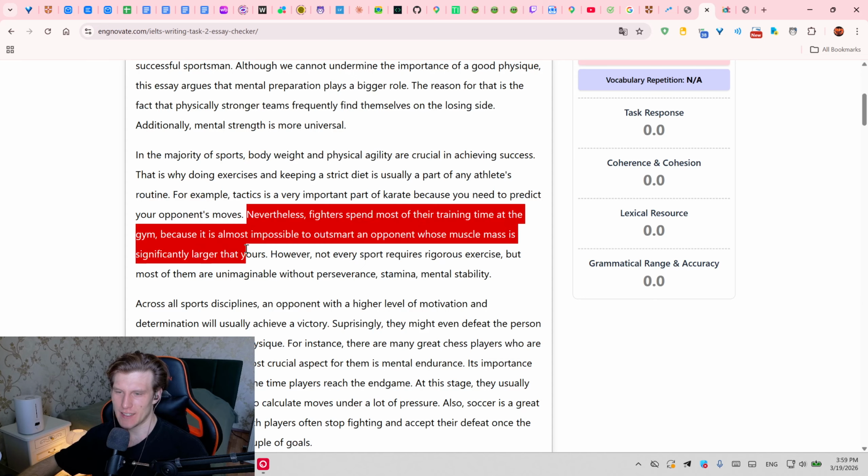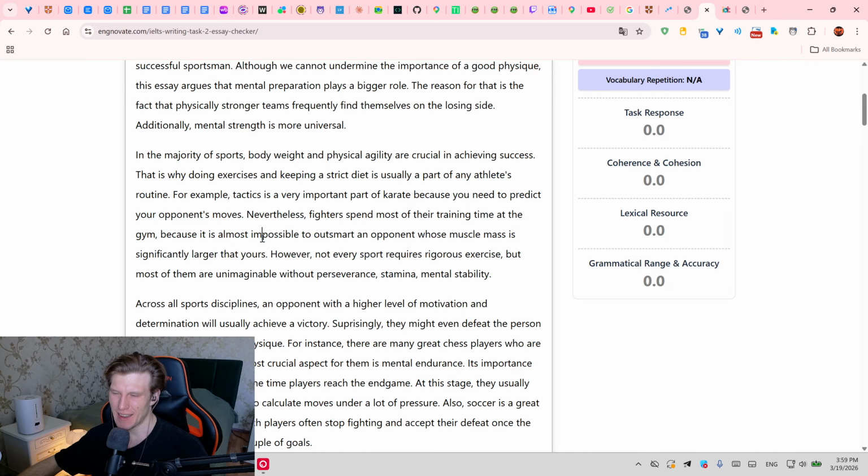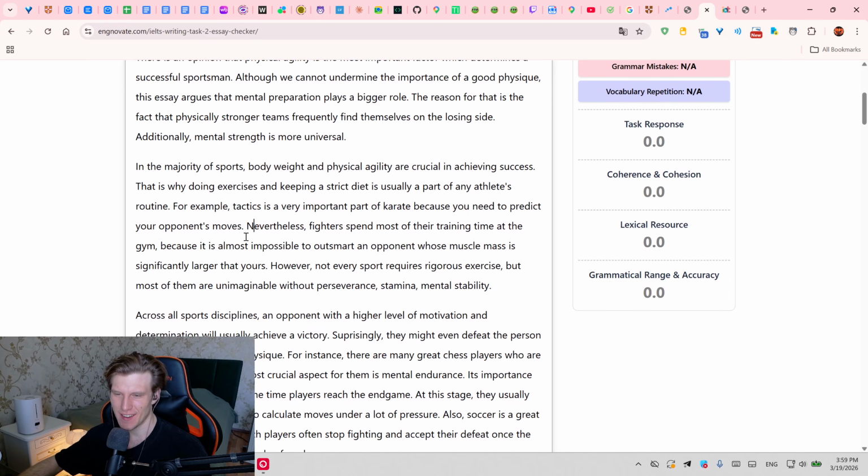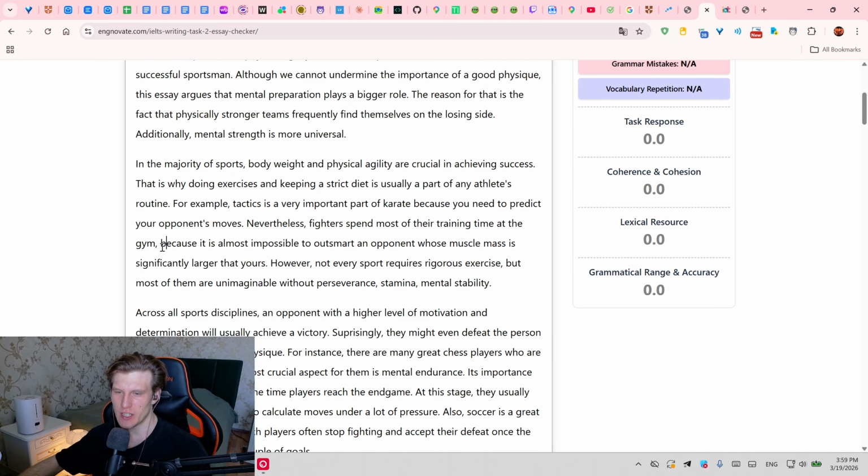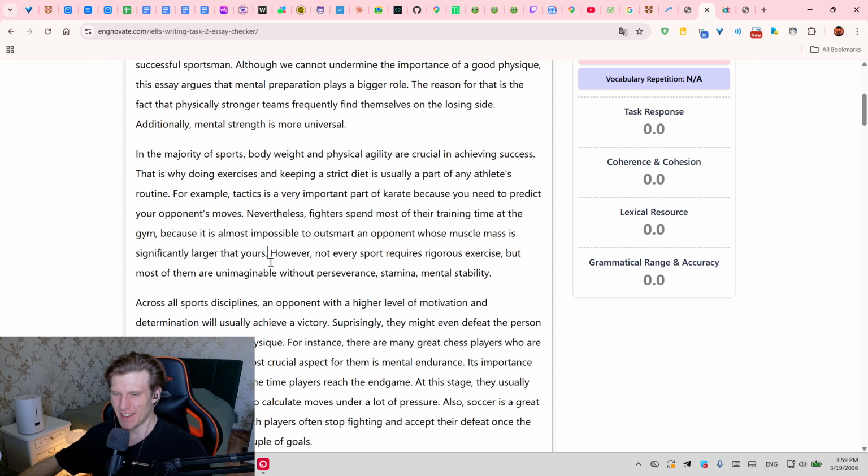I like it. This sentence is probably too long. I might split it, but I don't care. Well, that's fine. Time at the gym. I mean, it's not that long.